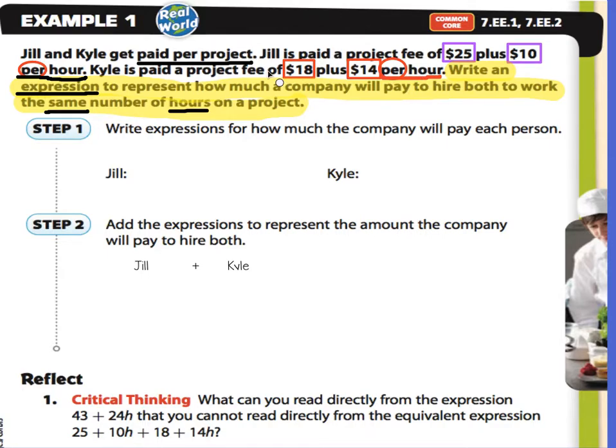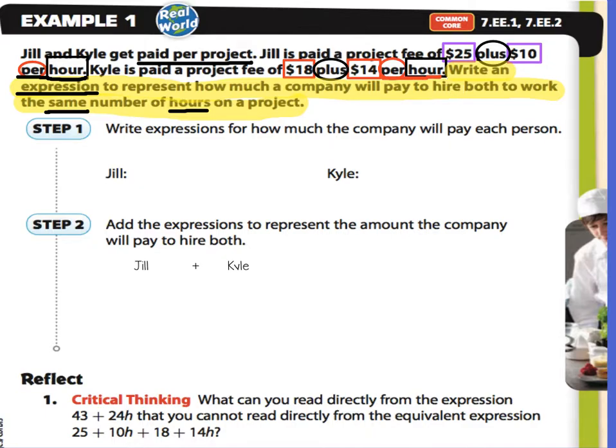And then plus, both of them have the word plus, so that's getting added to their fees. In this case, we can also say that hour is an important number, because the number of hours that they work has to be included. But we don't know how many hours they're going to work, so that's where our variable comes in.